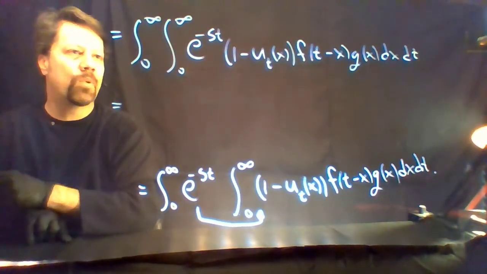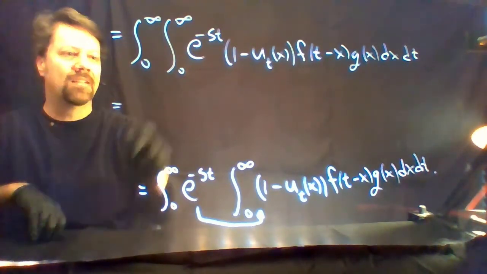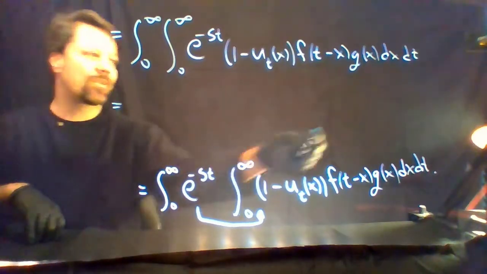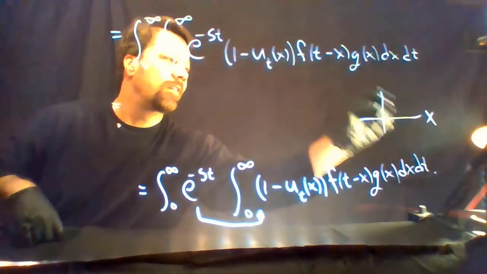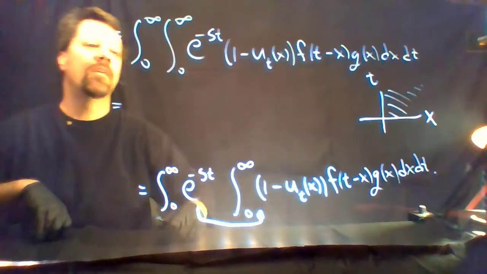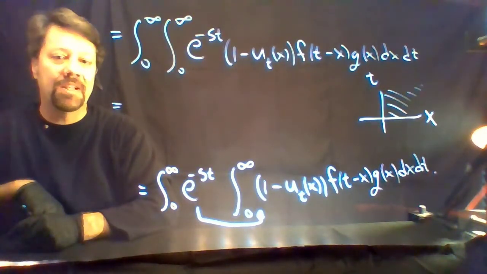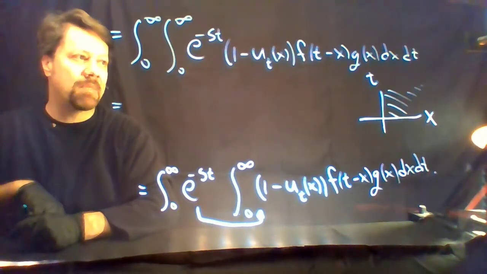It is at this point that we see that we're integrating in the xt plane over the entire first quadrant, from 0 to infinity on both. We can reverse the order of integration and we'll still be integrating over that exact same first quadrant.